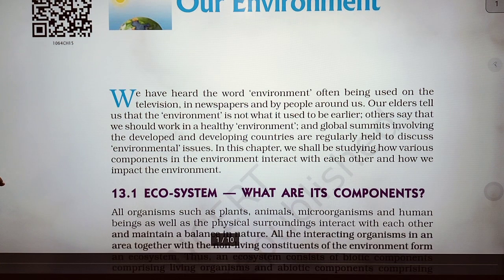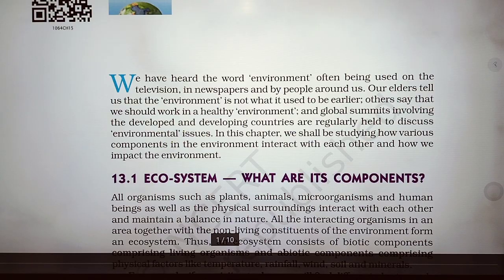Our elders tell us that the environment is not what it used to be earlier. Others say that we should work in a healthy environment, and global summits involving developed and developing countries are regularly held to discuss environmental issues.